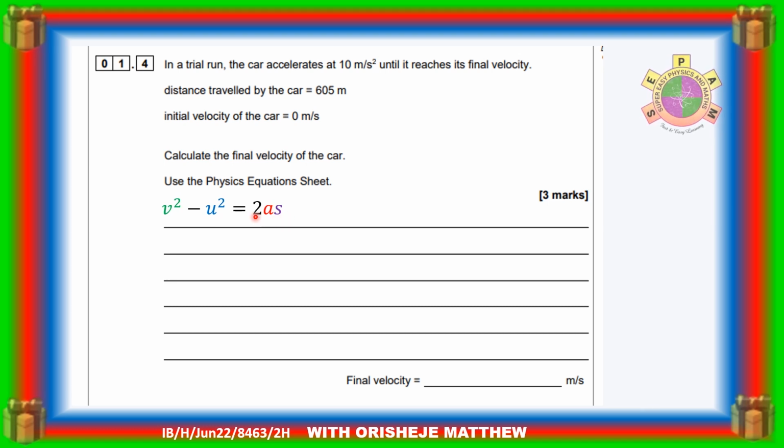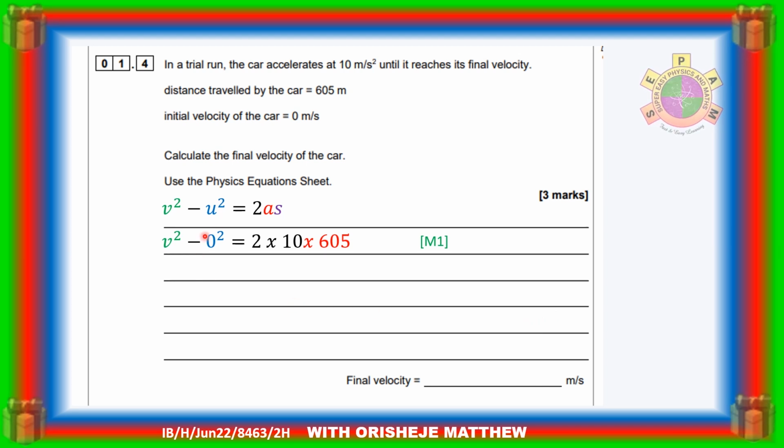So this is a standard equation. For substituting your values from the parameters given, the initial velocity is 0, the acceleration is 10, and then the distance. I just use a color code, so when you follow it, you can know the parameters that are substituted. For carrying out your substitution, you have 1 mark out of the 3 marks.